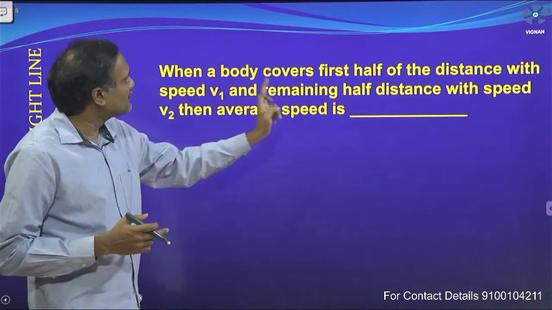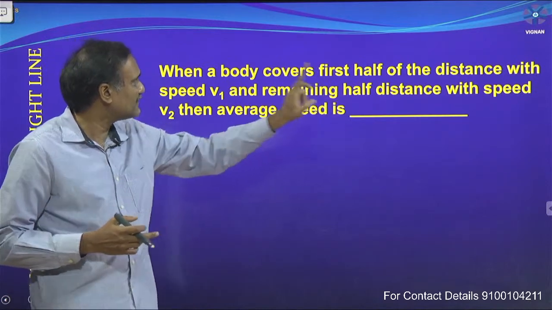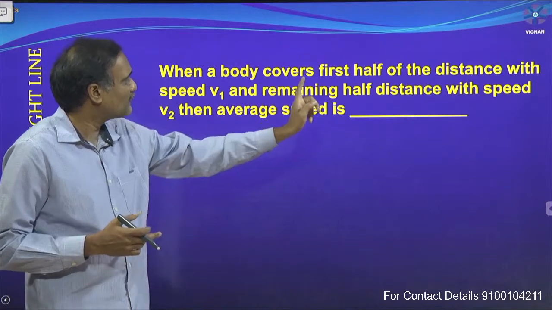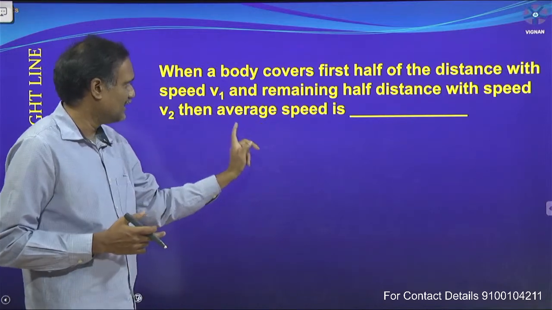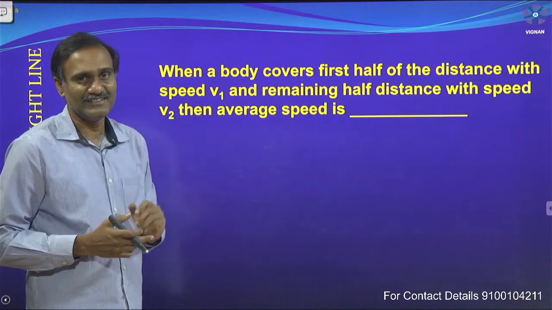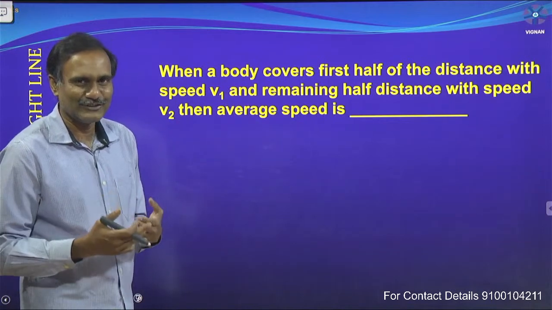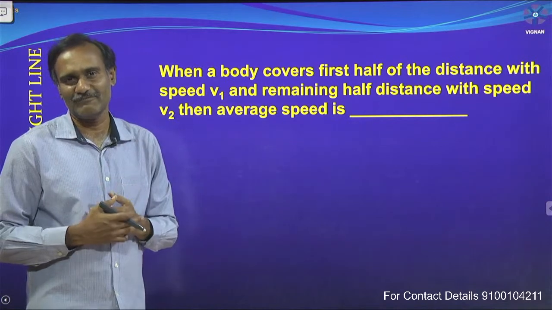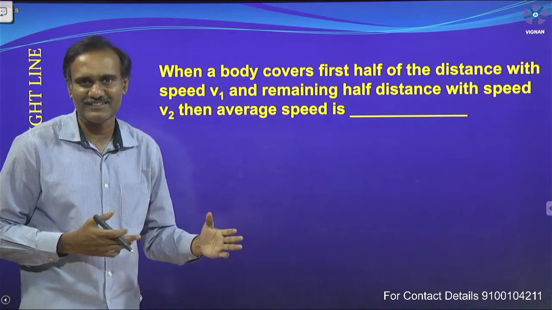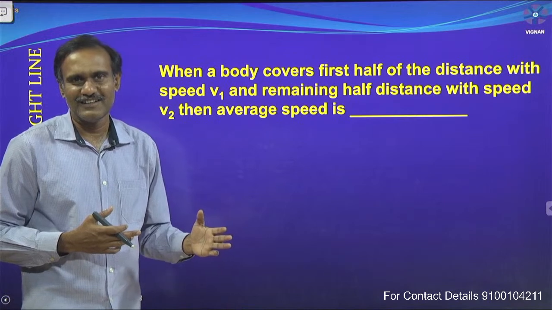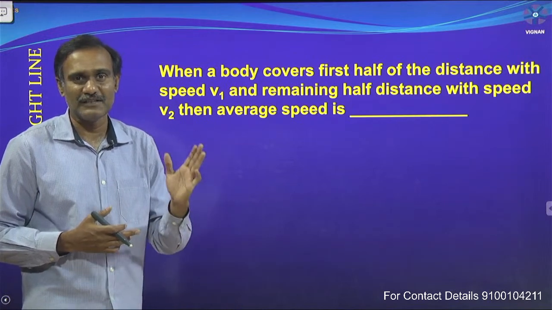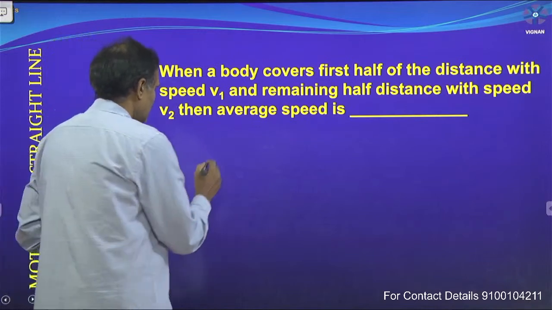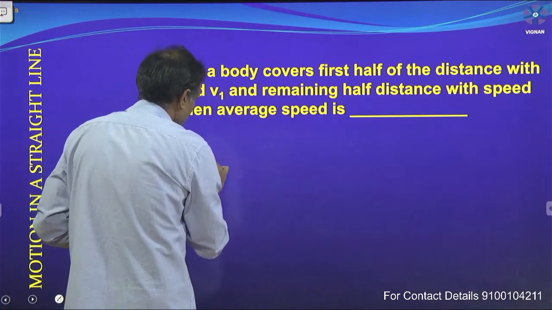When a body covers the first half of the distance with speed v1 and the remaining half distance with speed v2, then what is the average speed? Here also I want to consider a particle moving along the same straight line, in all these applications. Okay, I want to solve this.